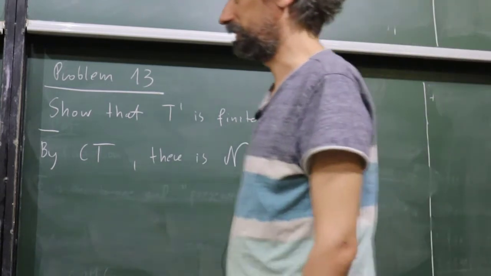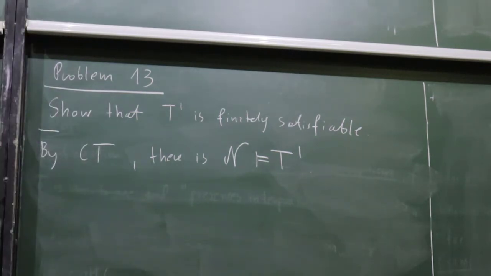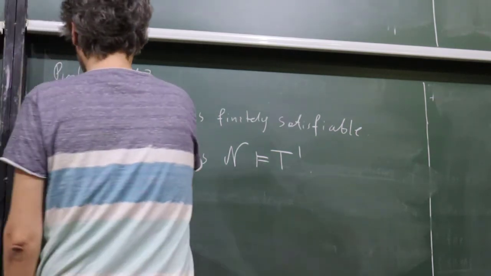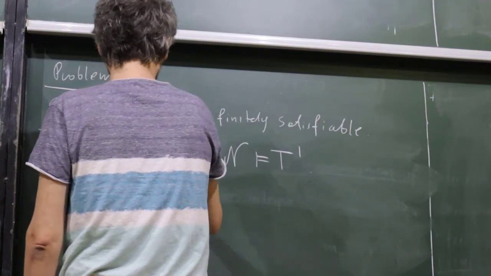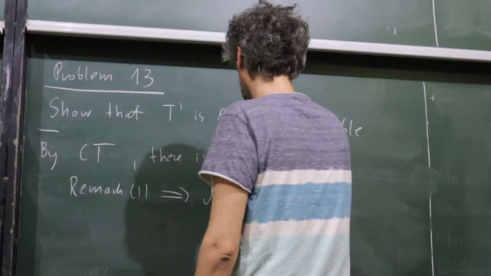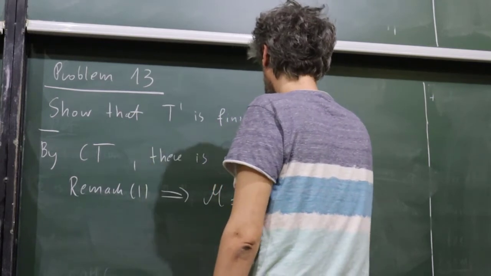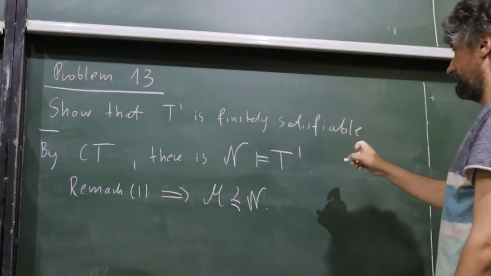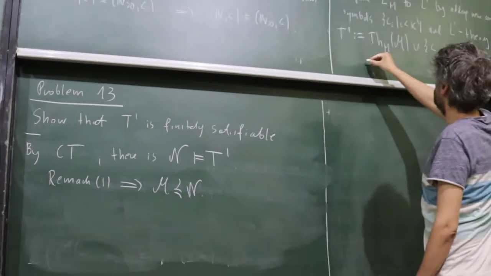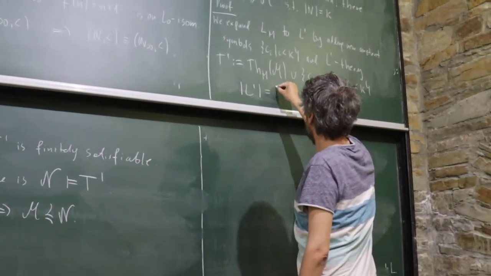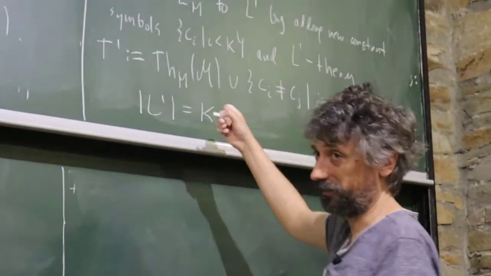Okay, so then by this remark, not only that, there is a model of T prime, but still this T prime, the L prime, now the cardinality is exactly kappa.